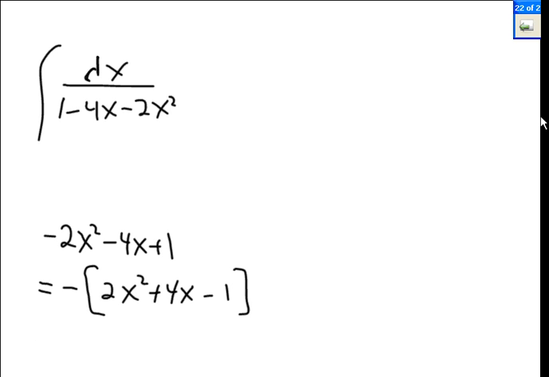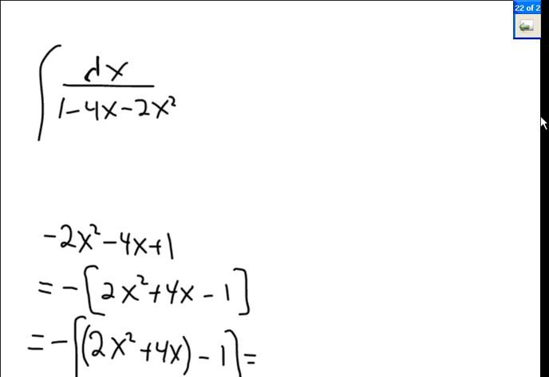Now, I'm going to keep that minus there and pretty much ignore it. You have 2x squared plus 4x, and you're going to take away the 1. You can factor out a 2 from here. You have 2 times x squared plus 2x.